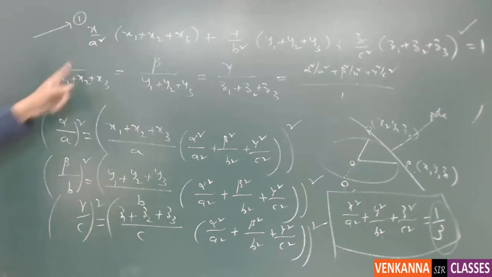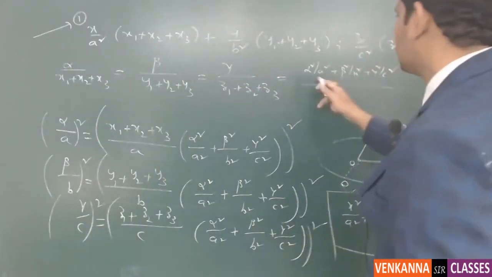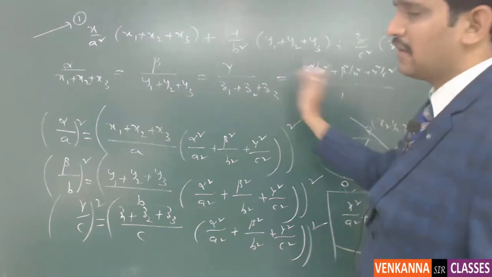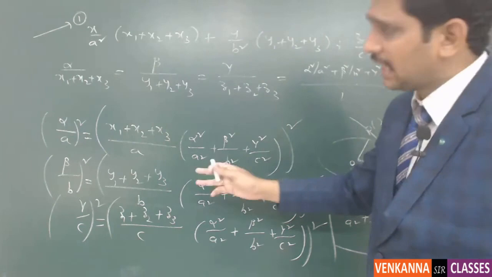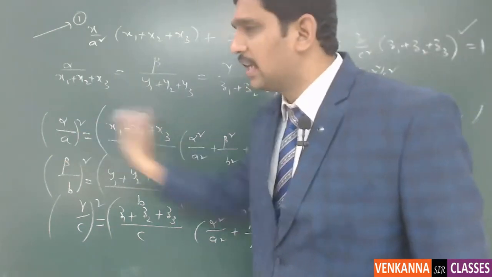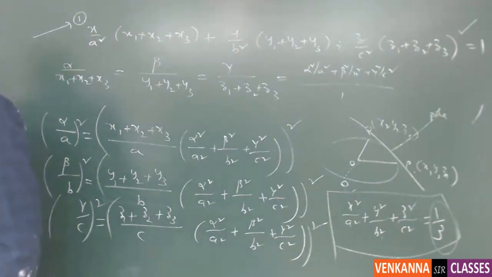Actually here, alpha is equal to x1 plus x2 plus x3 into this part, so I have divided both sides with a. And to get the required locus, I have done squaring on both sides and added them. That is what I did. As per the locus, we are doing necessary changes in the equations we obtained.